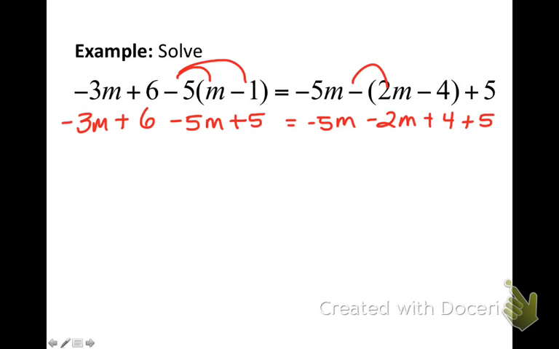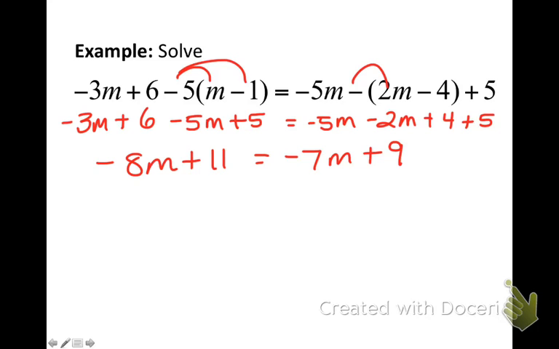All right, left side simplifies to what? Negative 8 plus 11. Good. Negative 8m plus 11. Right side. Negative 7 plus 9. Perfect. Negative 7m plus 9. Check your step as you go. Make sure you're doing it correctly. Okay, which one's smaller? Negative 8 or negative 7?